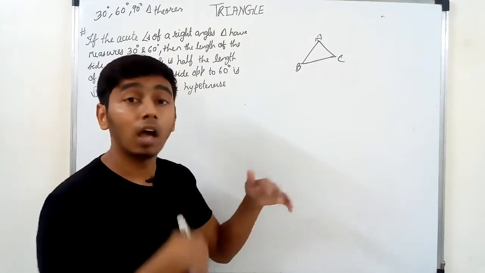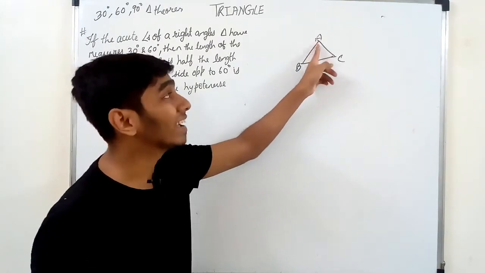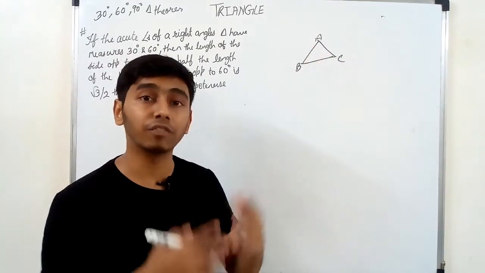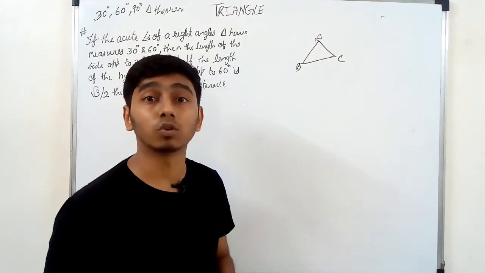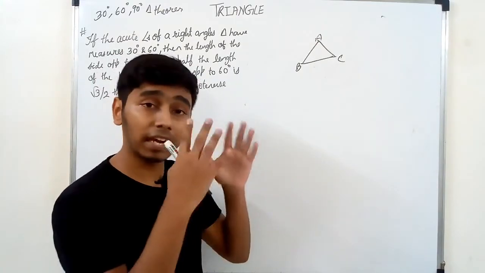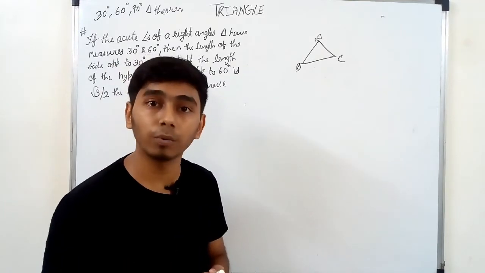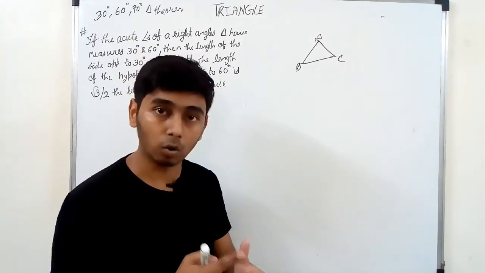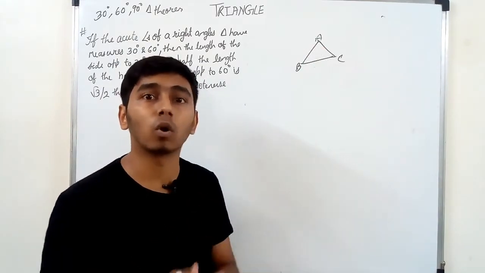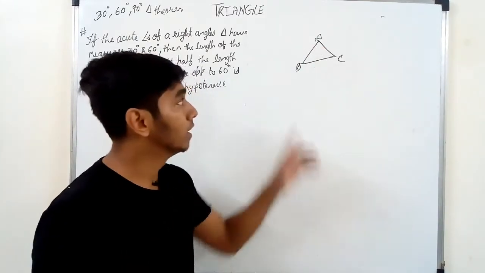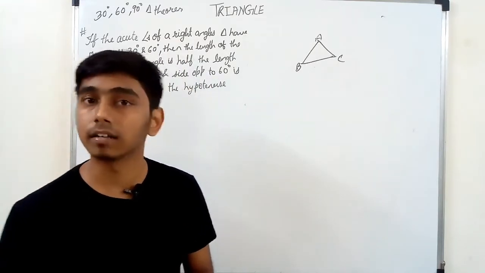And the converse of this says that if angle A, angle B and angle C are congruent, then the opposite sides are also congruent. So if all three sides are congruent, then all the angles are congruent. If all the angles are congruent, then all the sides are congruent. So each one and the converse. I hope you have understood. So that was the corollary of the isosceles triangle theorem.